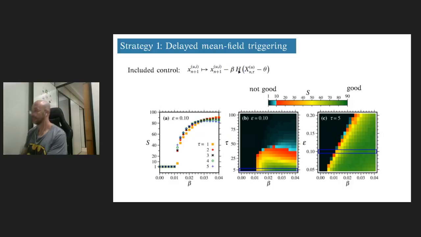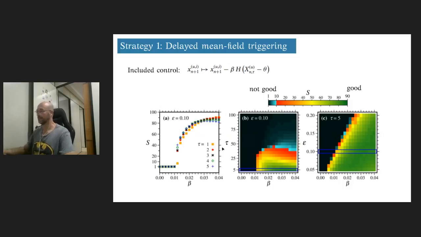The intensity of beta is the strength of the feedback control. To calculate the suppression levels, for beta greater than 0.02, we have greater values of suppression, greater than 18.